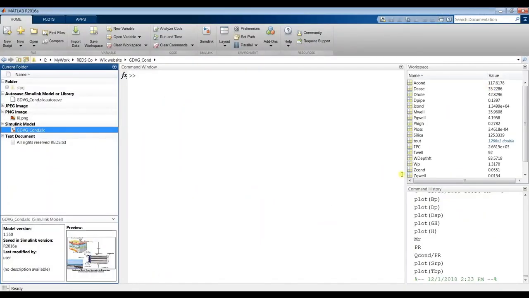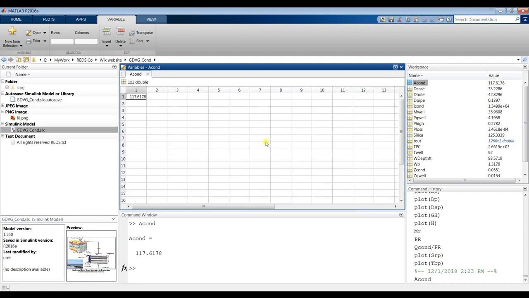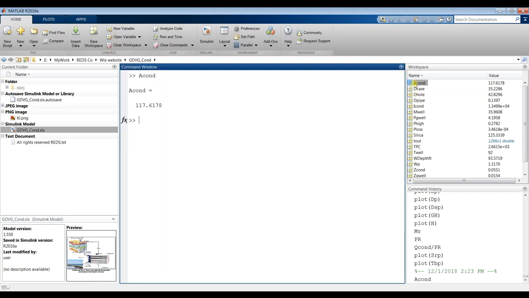You can find your results if you type area condenser, or just double click, or drag and drop and press enter.